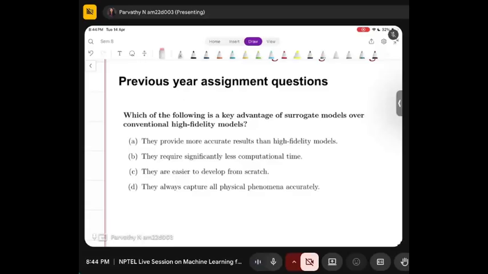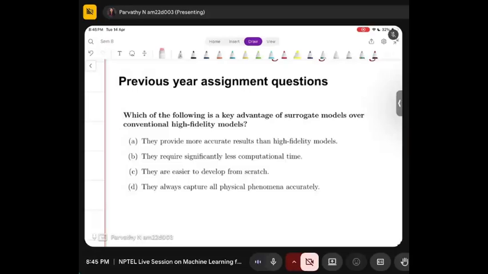They always capture all physical phenomena accurately. Yes, so they require significantly less computation time.